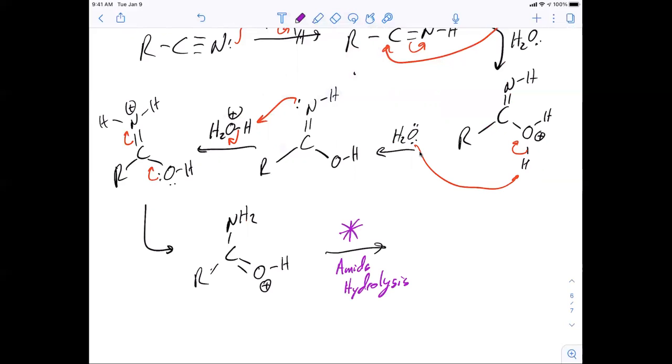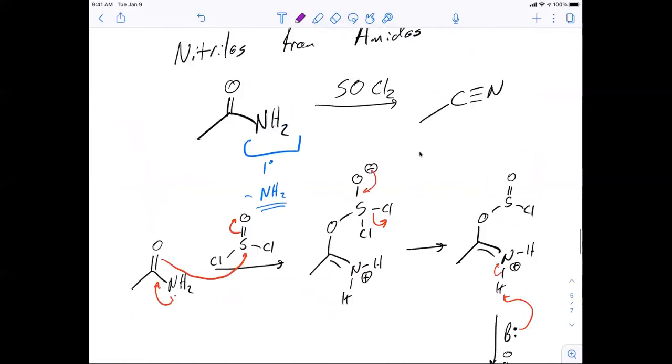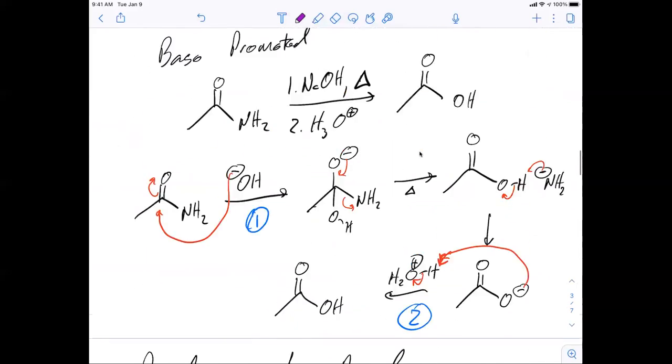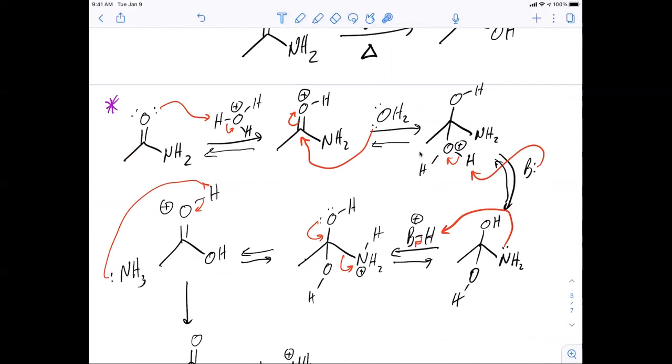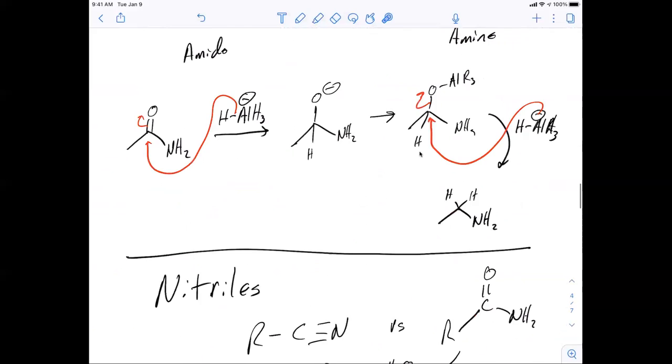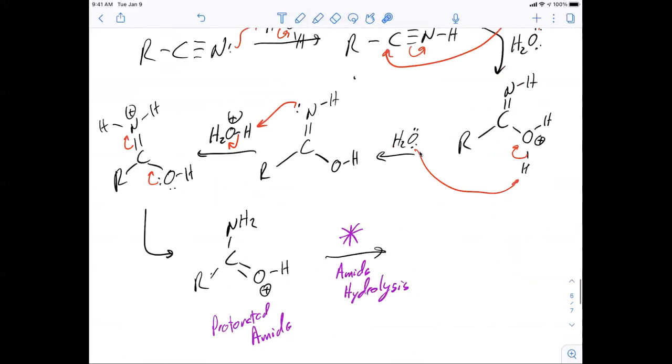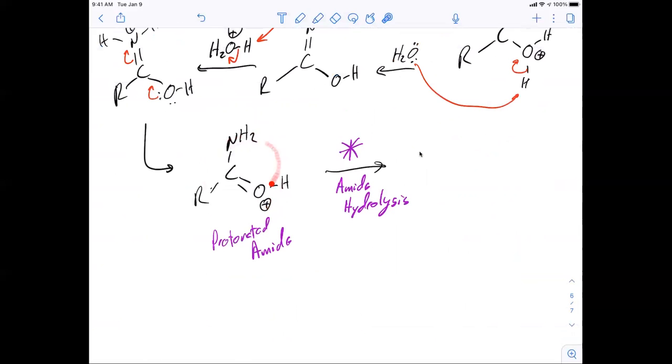So in the process of hydrolyzing the nitrile, we end up with, notice this is the protonated amide. All right. So if we go back to that one, I'll give you some more time to copy it. But if we go back up here, the first step was to protonate the amide. And if you take this species and rotate it a little bit, you notice that that is the same as this.